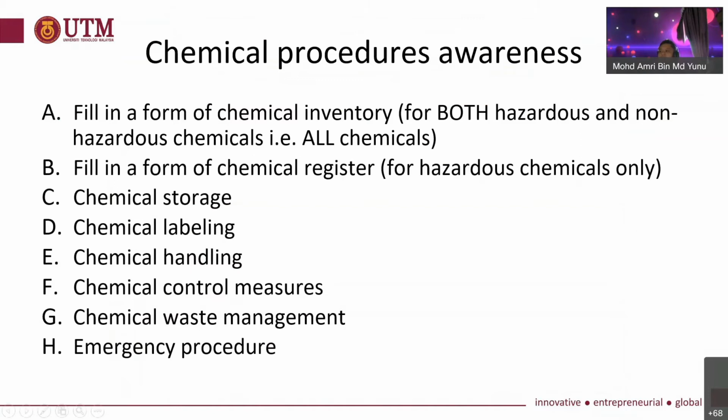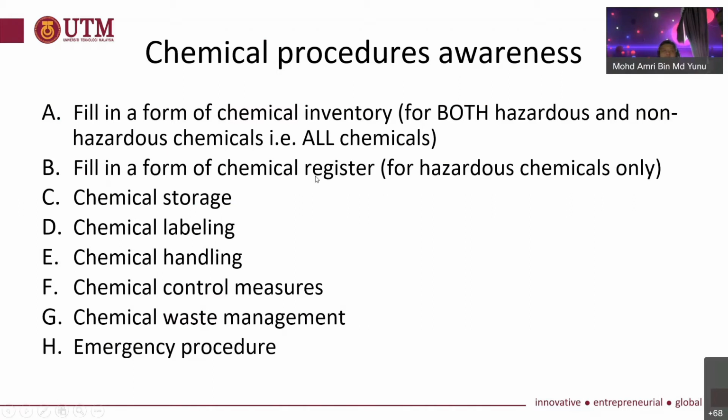So it is very important to have awareness and be properly trained on how to understand the chemical we are dealing or working with, and most important, how to manage those chemicals. First you need to know what the chemical is, and then you need to know how to handle it.